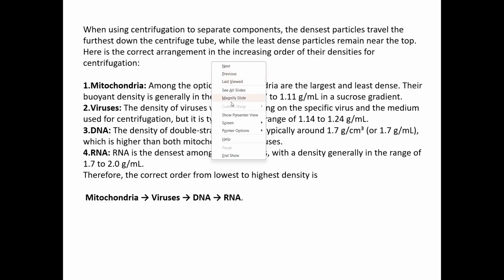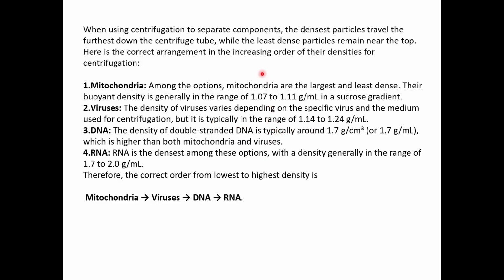And as you gradually increase the speed of the centrifuge, the components start to sediment at the bottom of the tube depending on the densities in decreasing order. So the higher the density, the first it will be sedimented or come out in the pellet, and the least dense will still be in the suspension.